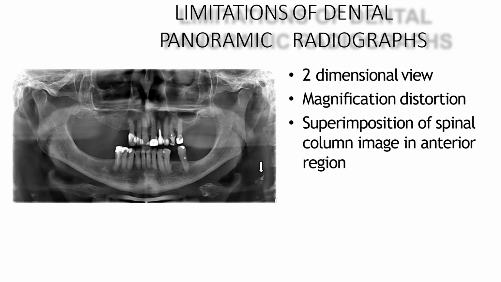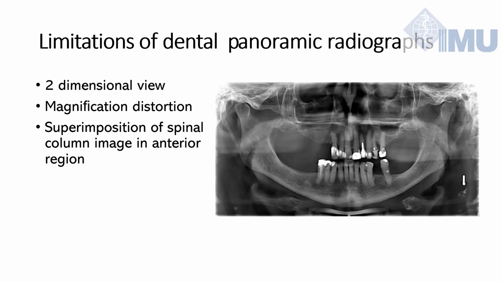There are magnification and distortion issues and some superimposition of the spinal column in the anterior zone. So if you cannot make a CBCT image, you can always go for a PA radiograph to evaluate the bone. That's exactly the issue with the OPG.